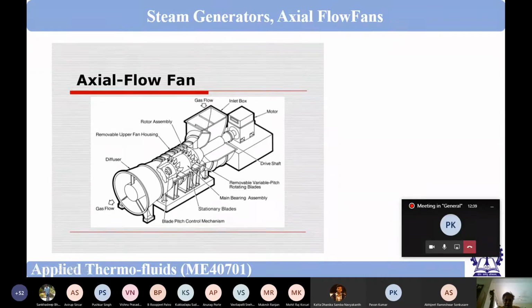How can we compensate that? Instead of one row of blade, if we have two rows of blade, three rows of blade, a number of rows of blades, then we can compensate for the lesser rise in pressure. That means in each row of blade, there is a delta P amount of pressure rise. So this is delta P, and this will be again delta P. Of course, I am not exactly correct because it is not linear.